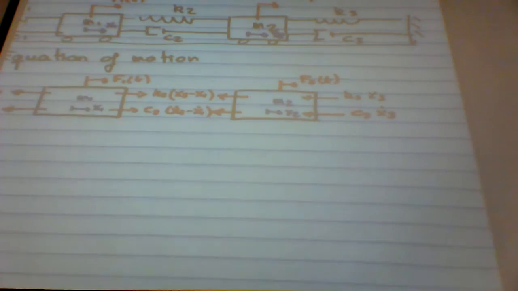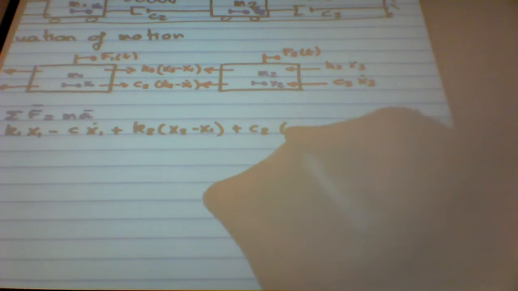So if I go and write down the equation of motion for block M1, we always do the same thing, summation of forces equals M A. What will be the equation of motion for the block M1, if we look at the figure? What are the forces? Minus K1 x1, minus C1 x dot 1, plus K2 times x2 minus x1, plus C2 times x2 dot minus x1 dot.